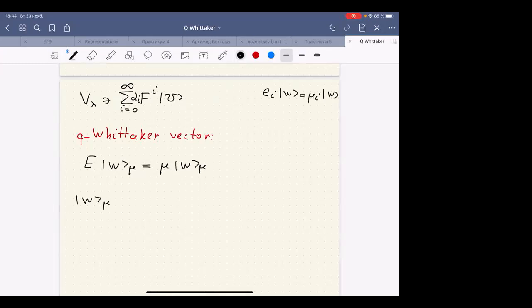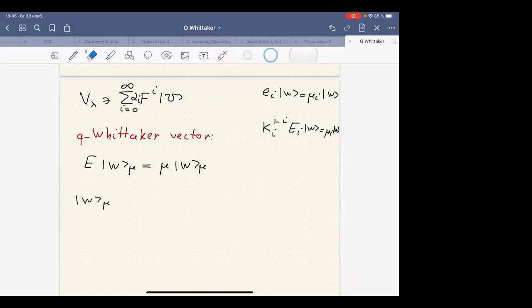And in the quantum case, this will be something like K_i E_i, something like this. Again, this is due to the quantum Serre relations. So we can't just write that E_i acting on the Whittaker vector is equal to mu_i. But in the quantum SL2 we do not have Q-Serre relations, so everything is okay.